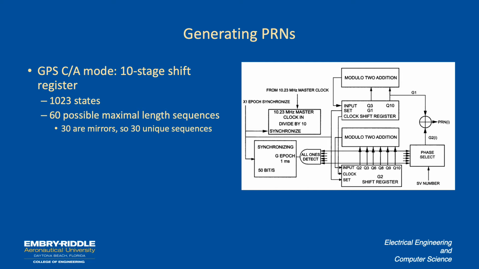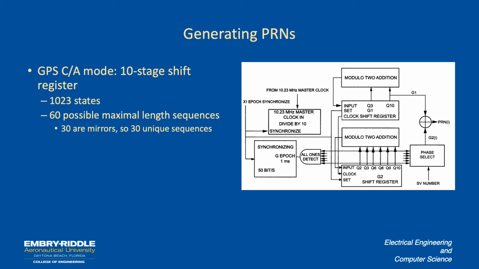So in the upper shift register, we're taking 2 outputs, Q3 and Q10, combining those with exclusive OR and using those as the input. And we're also taking the output of Q10, what's called the G1, the gold sequence 1, and it's going into another exclusive OR. We can show exclusive OR with the OR gate with the line on it like we had in the previous slide, or as a circle with a plus in it where the plus fills the whole circle.